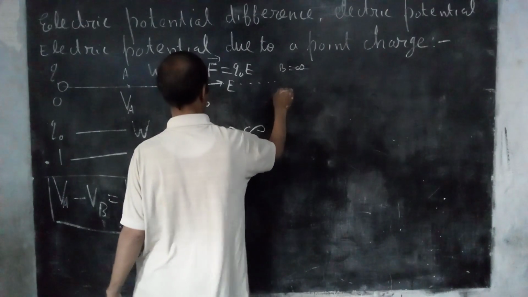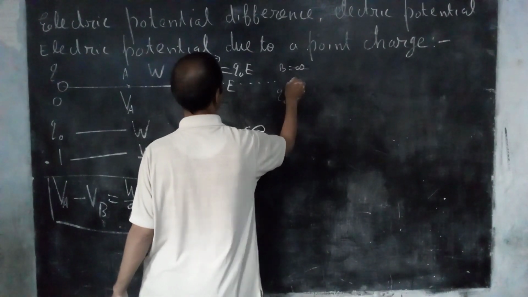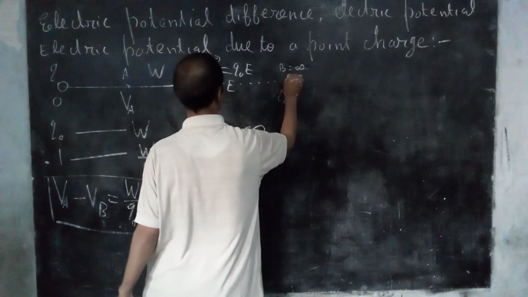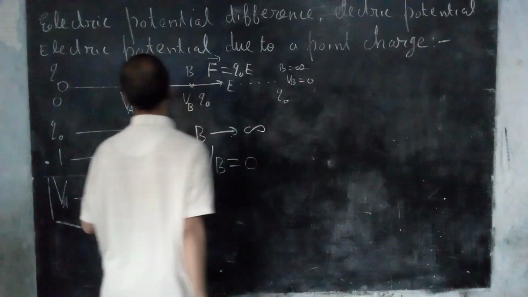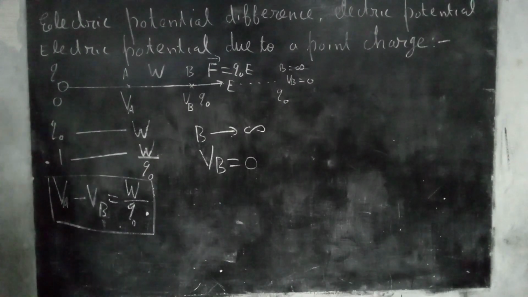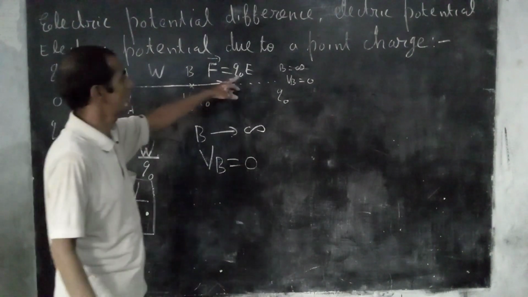So when you bring the test charge Q0 from infinity to point A, you do some work against the repulsive force.